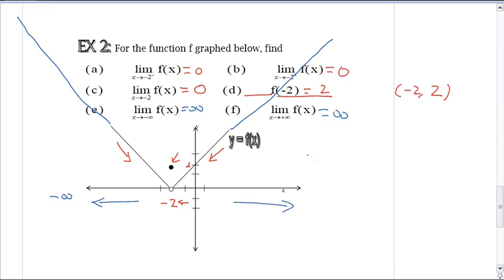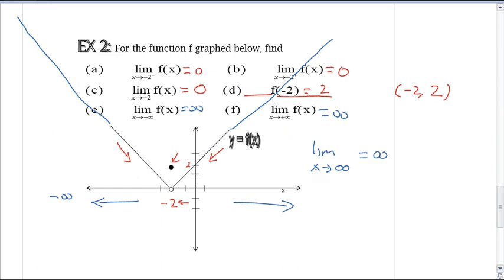Now, there's no next question, but my question to you is limit as x approaches infinity. Okay, we know it's going to be infinity, correct? And these are both general limits here.